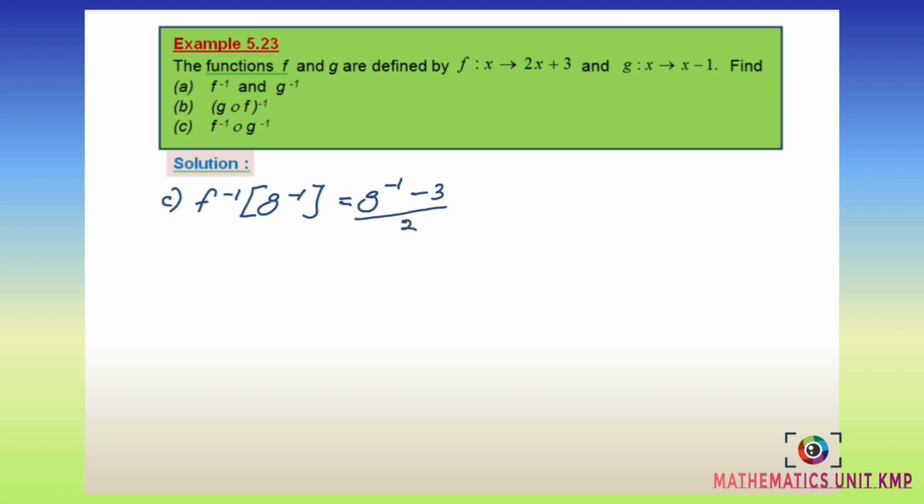Referring to f inverse, g inverse is x plus 1. So x plus 1 minus 3 over 2 equals x minus 2 over 2.